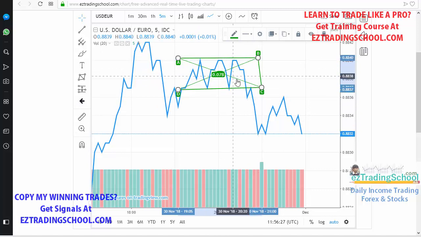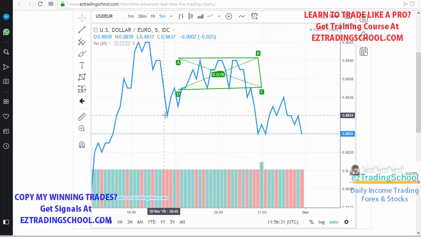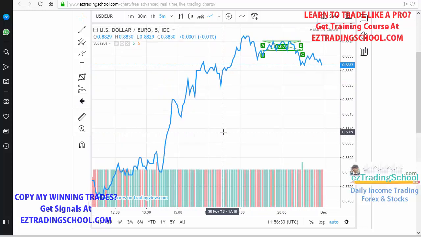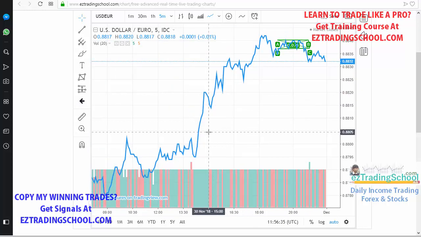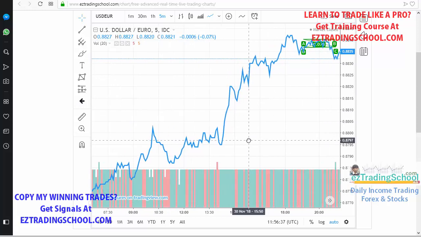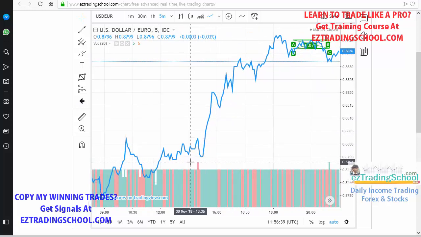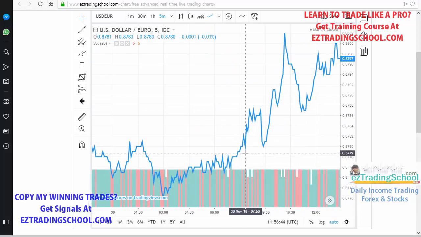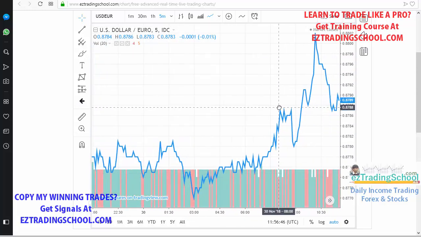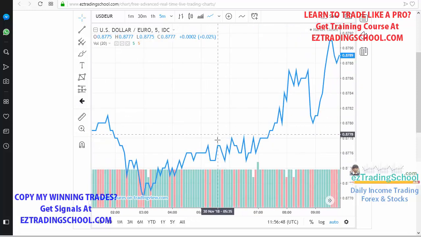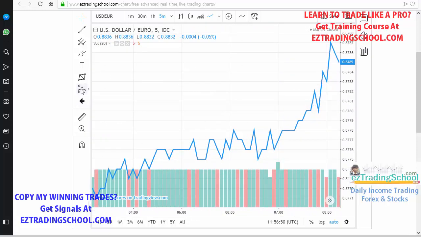So after breaking out, it normally does not go upwards, it goes down. And let's zoom out and try to find more boxes with support and resistance. If I don't see any here. Okay, I see one here. Okay, let's draw this here.